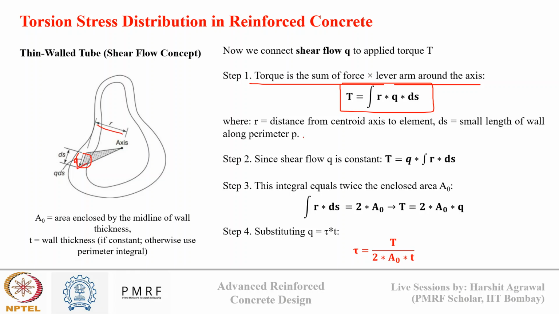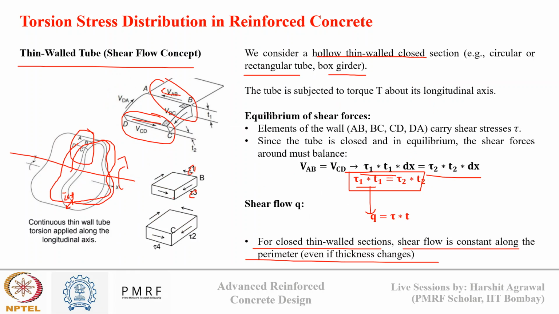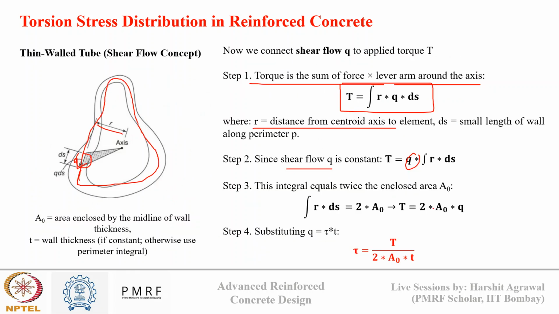Here q is the shear flow. Since q is constant, I will take it out of the integration. Why am I doing integration here? So that I can calculate the entire torque on this cross section. We have seen from the shear flow concept that q remains constant along the perimeter, so that is why it was taken out.